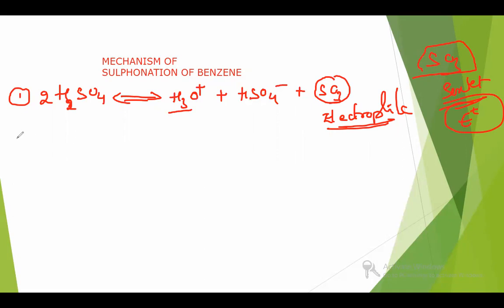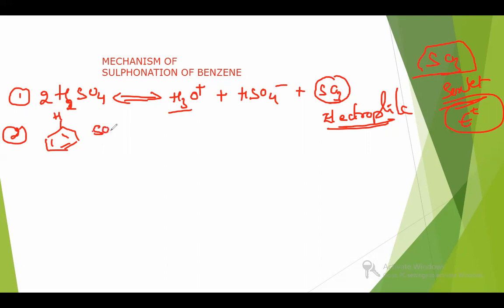SO3 is generated. In the second step, formation of the intermediate carbocation, the arenium ion, the electrophile attacks the benzene ring. C6H6 is benzene; for convenience we write only one hydrogen to represent it, meaning every carbon carries a hydrogen.